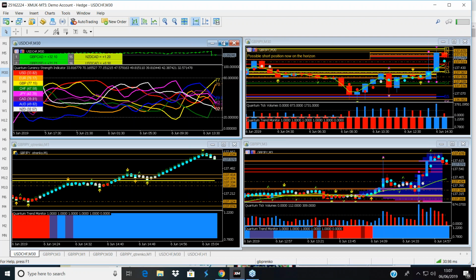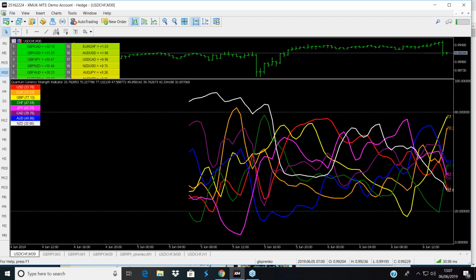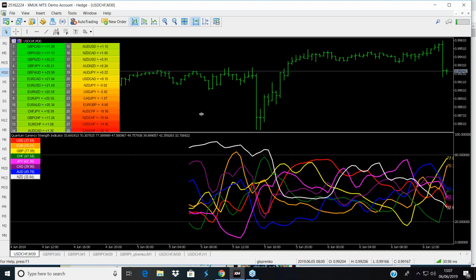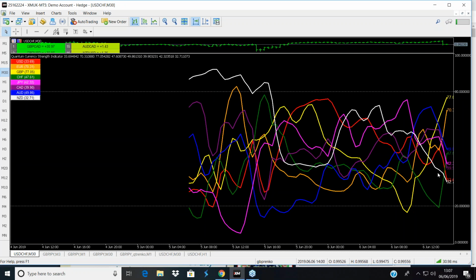And what I said earlier on, I have the 30-minute CSI here. On the same chart, I also have the matrix, because what the CSI does, it isolates the individual currencies. And we can see here, this was from this morning, where the pound was in a very, very heavy sell, and at some point we were waiting for a reversal. Well, that certainly has happened, although, as always with the pound yen, has been accompanied with a degree of volatility.